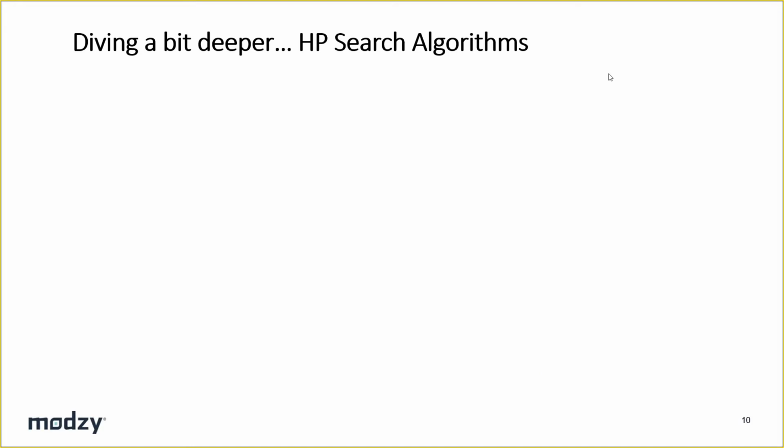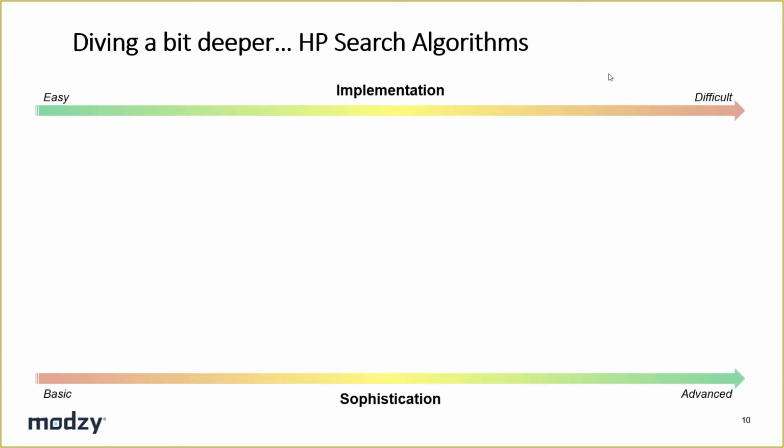So the way in which hyperparameter optimization actually works is through what's called a search algorithm. And there are lots of different search algorithms. I will talk about 4 or 5 right now. But something to keep in mind is that as you're choosing your search algorithm, there's a trade-off that you make.